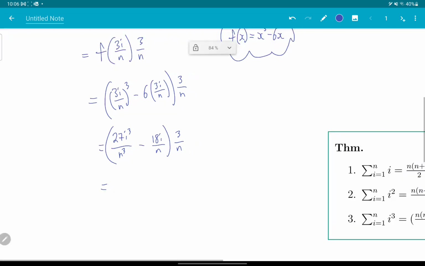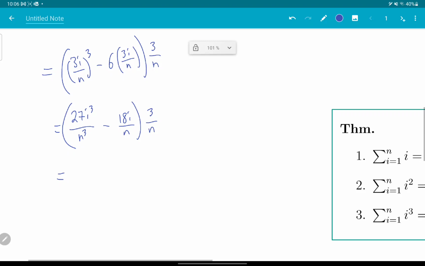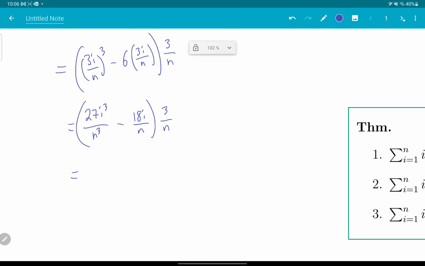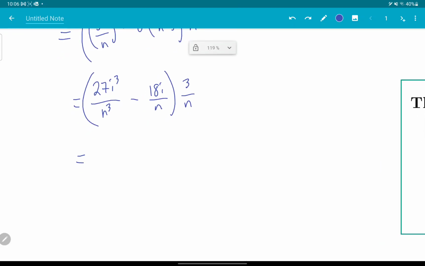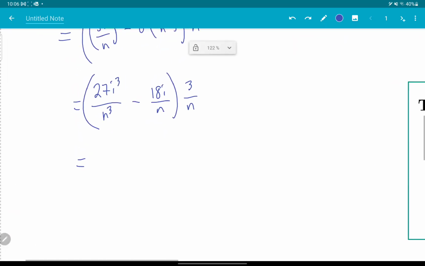Now, I want to use these formulas over here. So what I'm going to do is peel away from the i cubed, and from the i, I'm going to try to peel away as much as I can without doing too much.